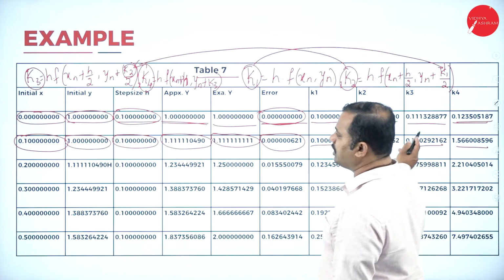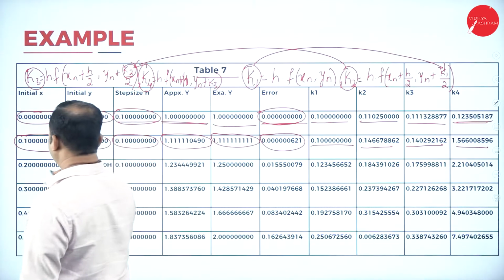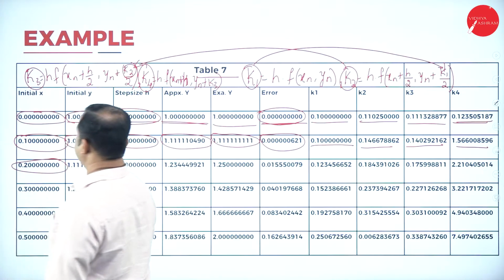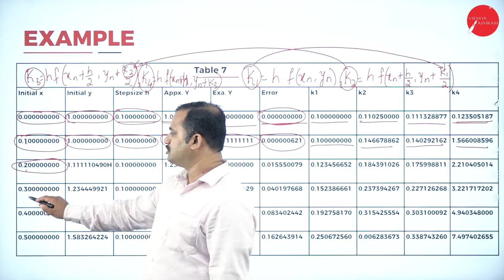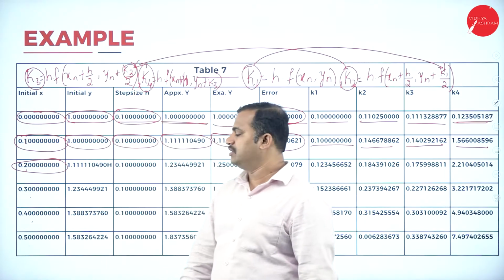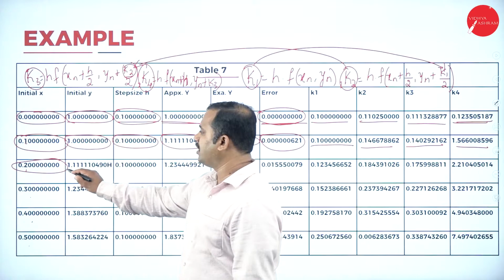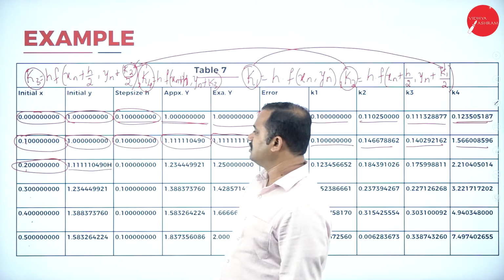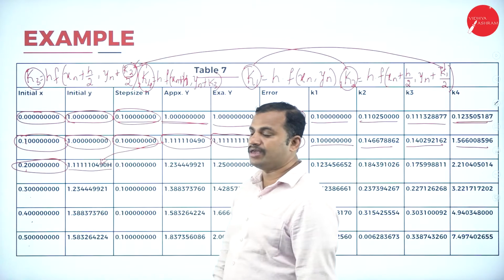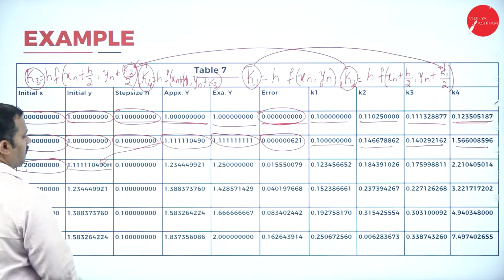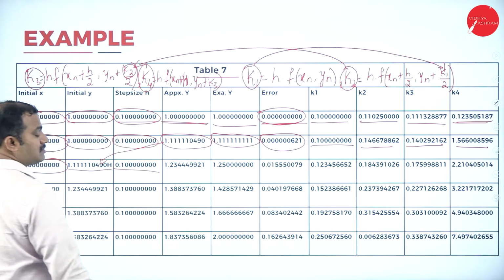Using k1, k2, k3, k4, we will initiate the next value, that is h. 0.2, initially 0.1, then 0.2, 0.3, 0.4, 0.5. What is the value of y? It is 490. This approximate y is considered as the initial y here. Then we have 0.1 as the step size.